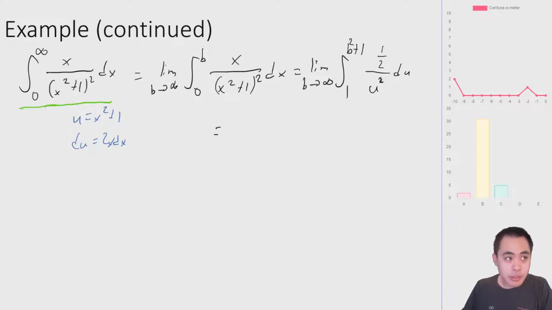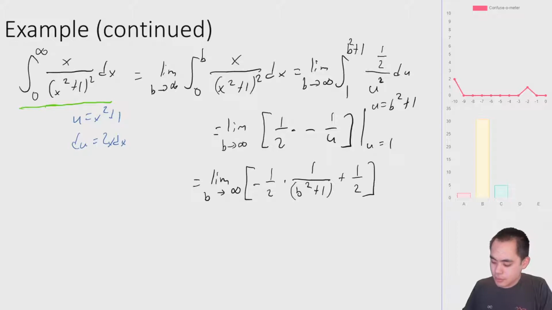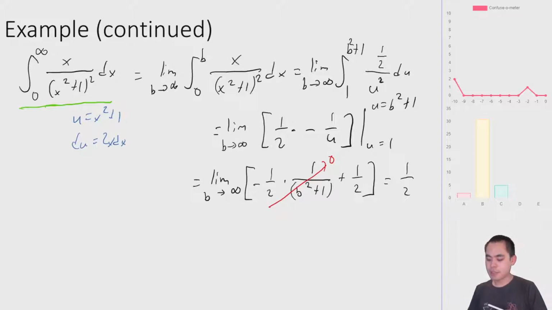So this is equal to the limit as b goes to infinity of 1/2 times minus 1 over u again, for u equal 1 to u equal to b squared plus 1. And this is equal to the limit as b goes to infinity of minus 1/2 times 1 over b squared plus 1, plus 1/2, which is equal to 1/2 because the left-hand side, this thing here, goes to 0 as b goes to infinity.